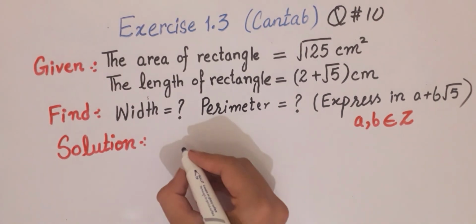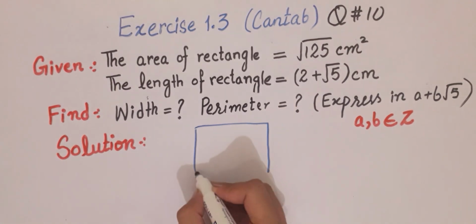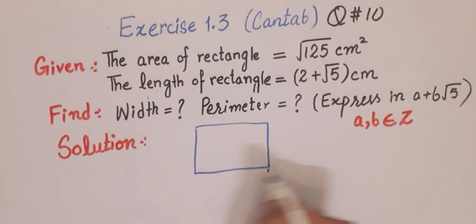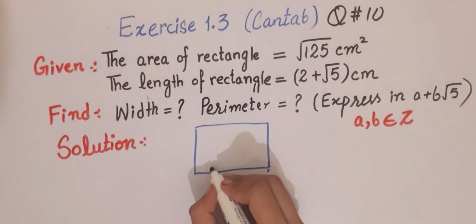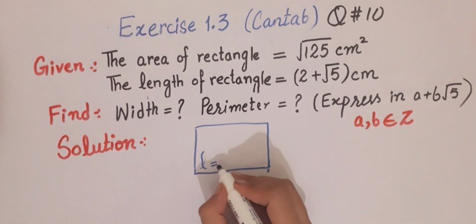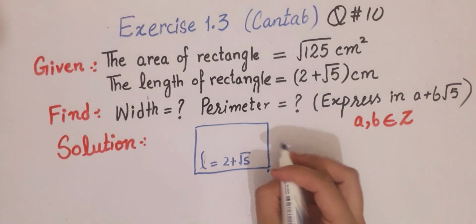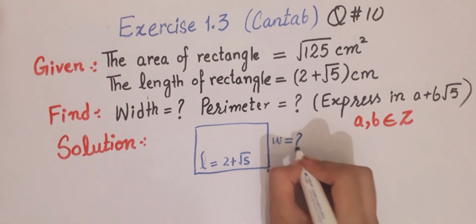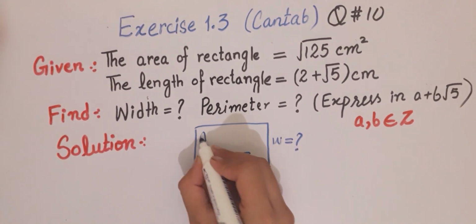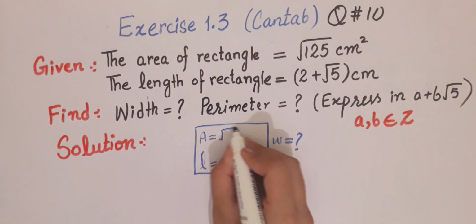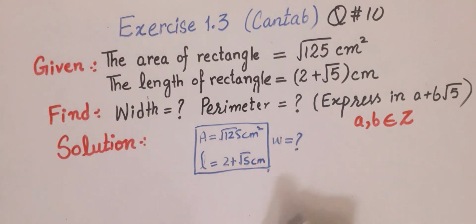First of all, we will draw a rectangle. So in this rectangle, length is given 2 plus square root of 5 and w we have to find, and area of the rectangle is equal to square root of 125 centimeter square, and this is centimeter.